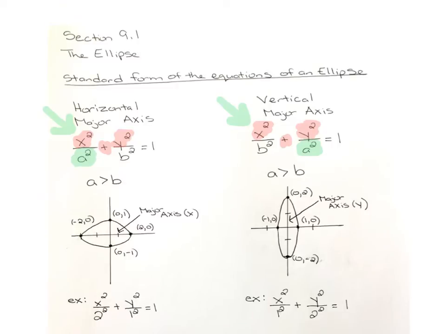What you need to remember is that a squared is always going to equal the larger number, and it's going to tell you what your major axis is.